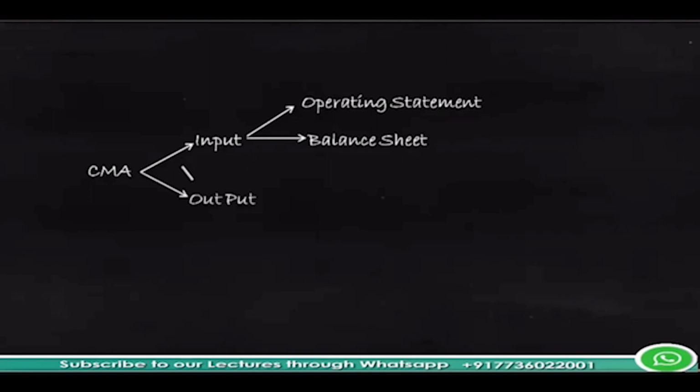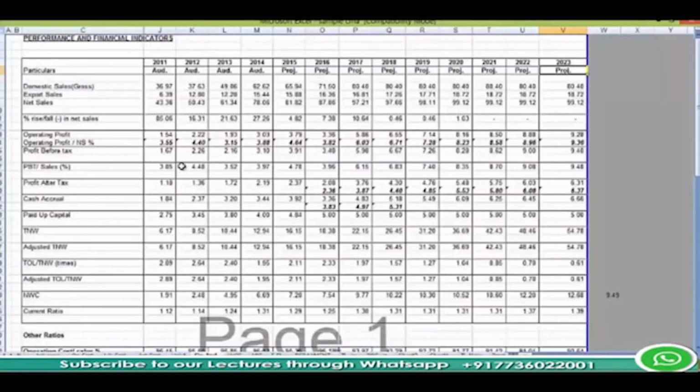What are the outputs? The first output would be a sheet called financial ratios. Financial ratios or financial indicators is the output sheet. If all the data are entered in operating statement and balance sheet, this statement will be prepared automatically. This sheet will come automatically, which will talk about various financial indicators.